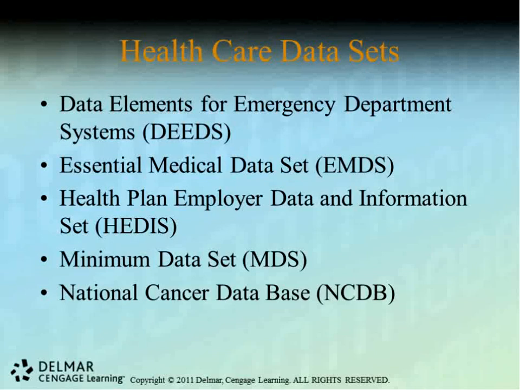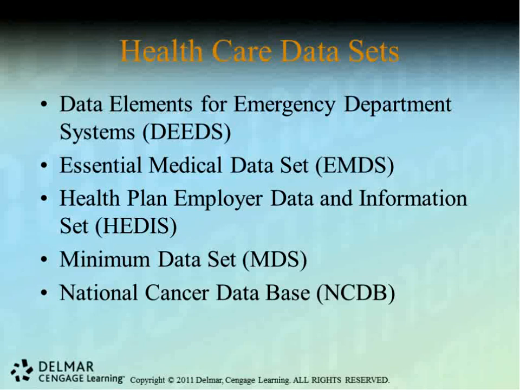Okay? Now, you have several types of data sets that different healthcare organizations use, and it's sort of dependent on the patient type and the types of services that are being provided. And I think I may have mentioned this earlier in the course. So you have DEEDS, that's your data elements for emergency department systems. You have EMDS, Essential Medical Data Set. HEDIS, Health Plan Employer Data and Information Set.